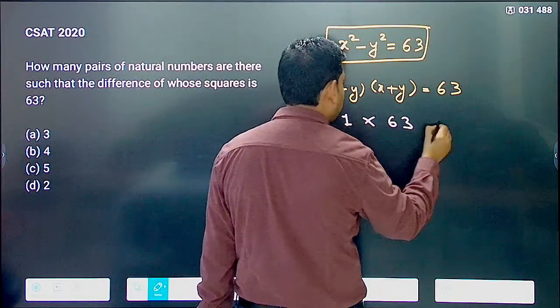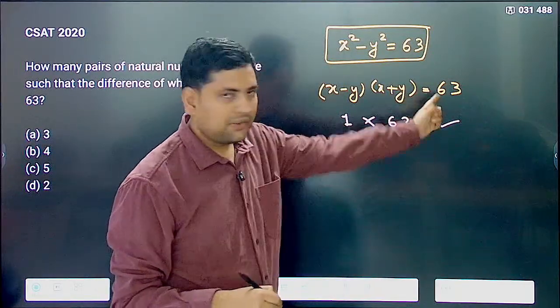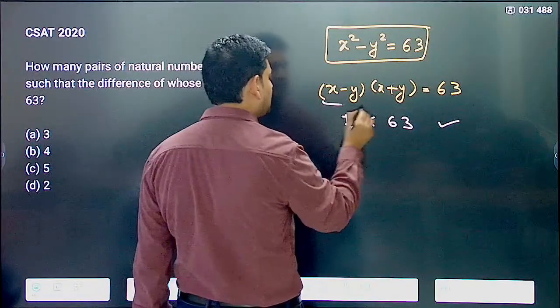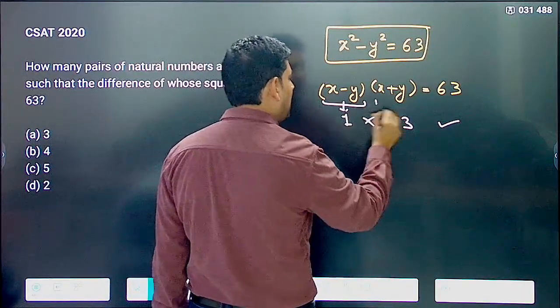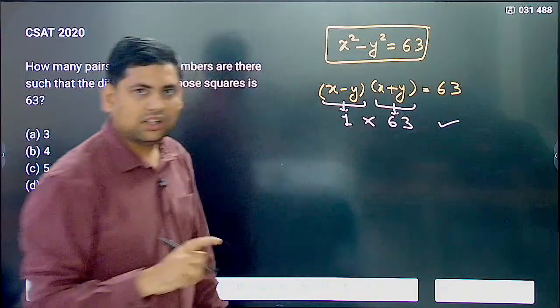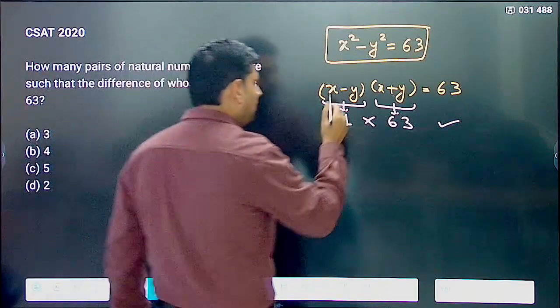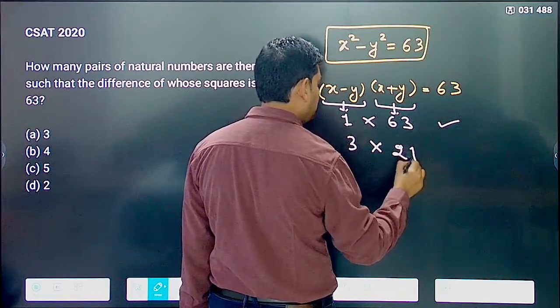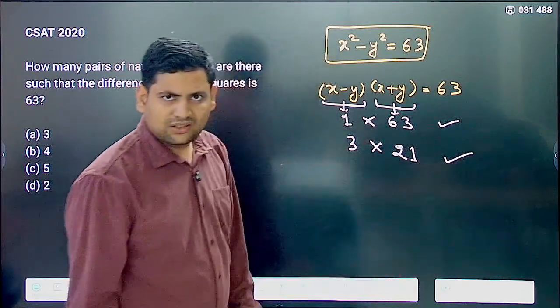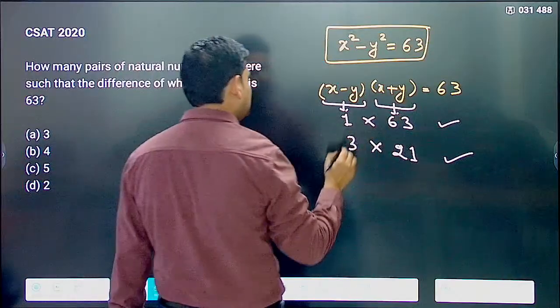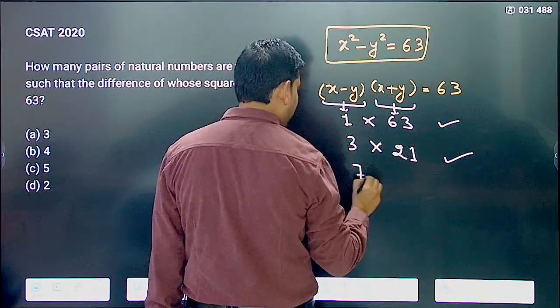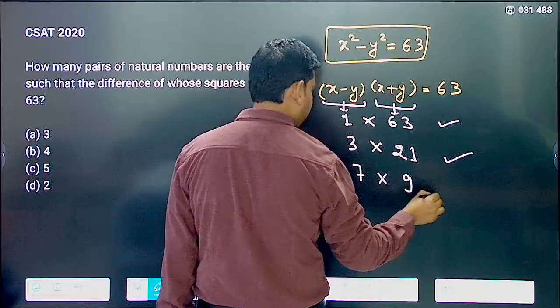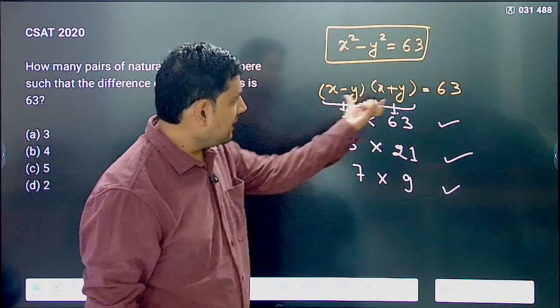This is one of the possible solutions, giving you 63. Here x minus y is 1 and x plus y is 63. Then let's take second. Now what is the next number? I can take 3 here and 21 here. This is also possible. Correct? Then next I can take here 7 and 9. Also possible. Correct? X plus y is still greater.